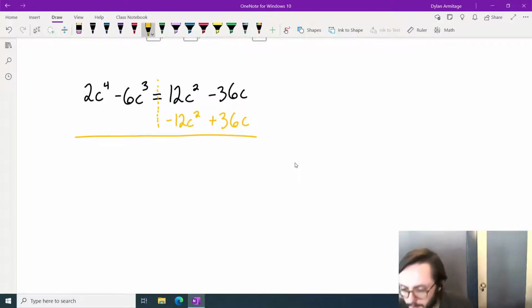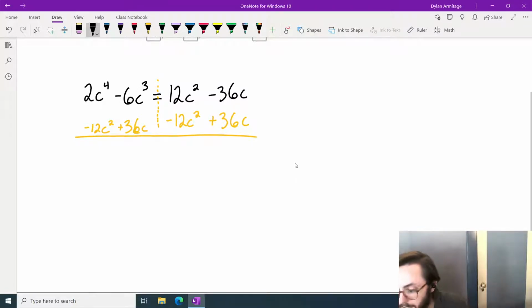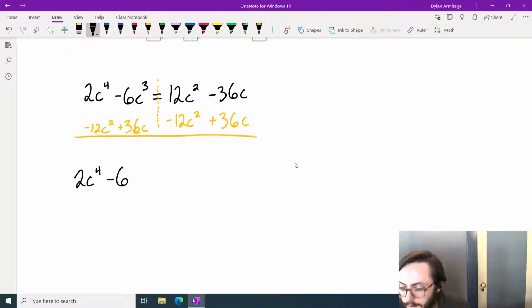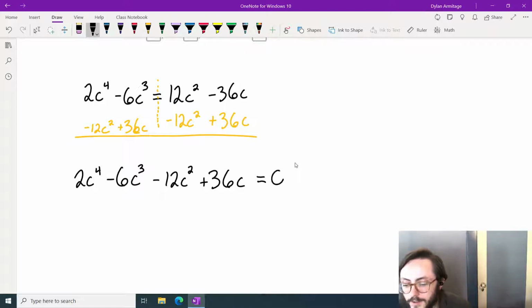Of course we do it over here, but I don't have the space to show that we cannot combine any of these terms. So we'd end up with 2c to the fourth minus 6c to the third minus 12c squared plus 36c equals 0.